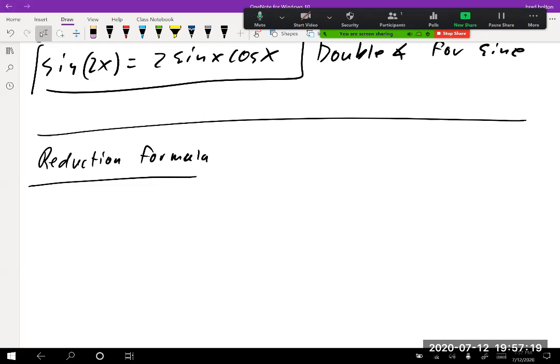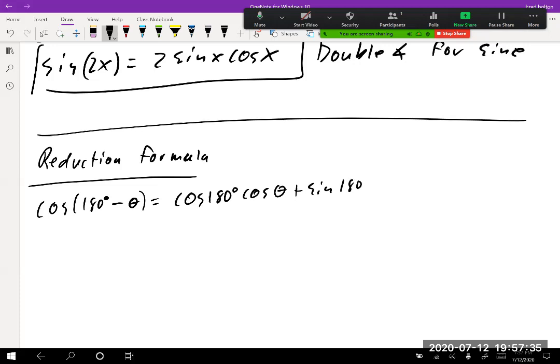So if I gave you the cosine of 180 degrees minus theta, I could use my sum or difference formula and say the cosine of 180 cosine of theta plus sine 180 sine of theta.